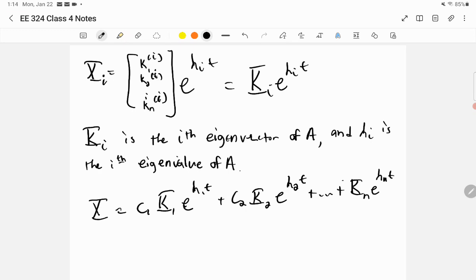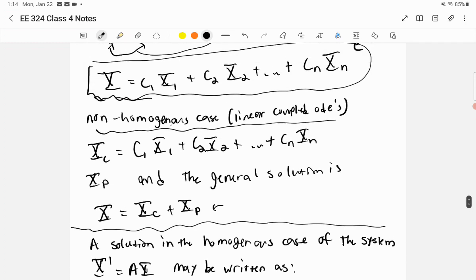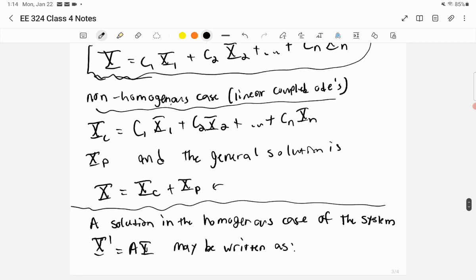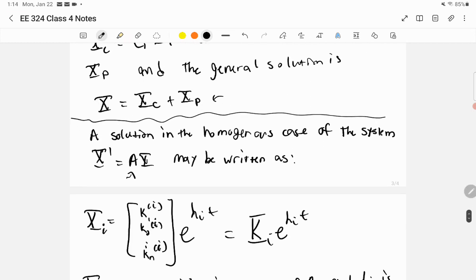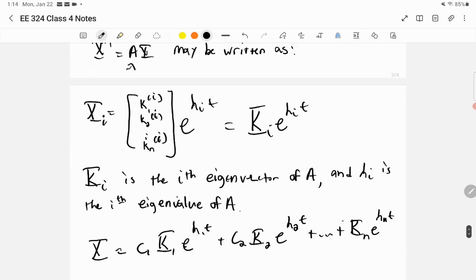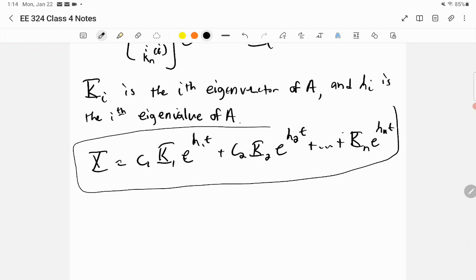So all that we have to do to find the solution of a linear system of ODEs in the homogeneous case is figure out what this matrix A is, find its eigenvalues and eigenvectors, and that will give us our solution. It's sort of an amazing property.